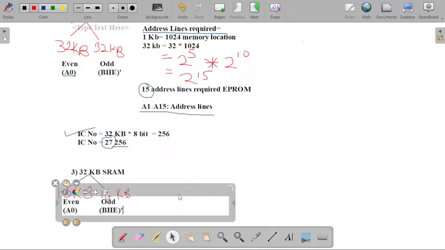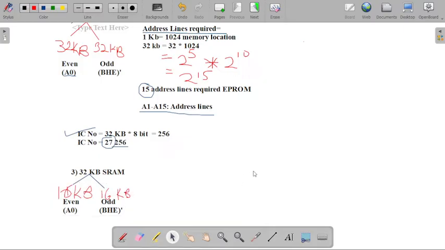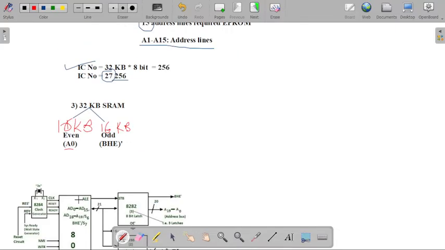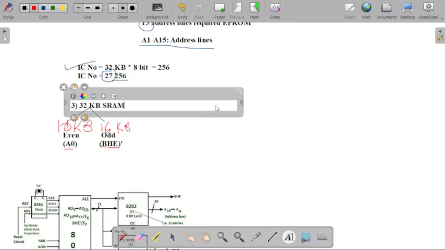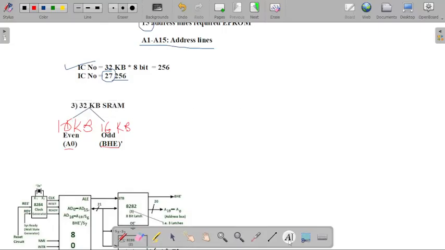The 16 KB of data will be given for the even memory bank and the 16 KB of data for the odd memory bank. Whenever it is connected to the even memory bank, we use the address A0 line for connecting, and for the odd memory bank, we connect the bus high enable signal. So now we have to calculate how many address lines will be required for each RAM.